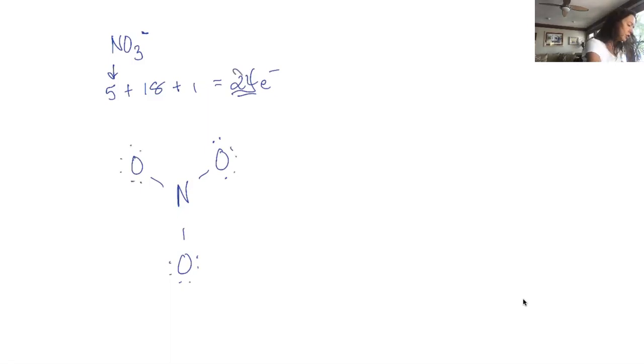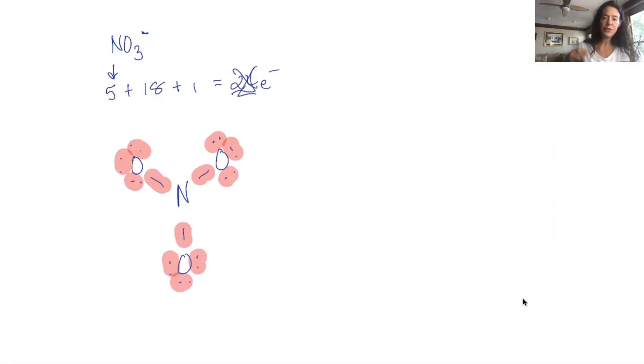Okay, we just used all of our electrons. We're finished. We have no more electrons. So what I notice is that each oxygen has 2, 4, 6, 8. So we've satisfied the octet.